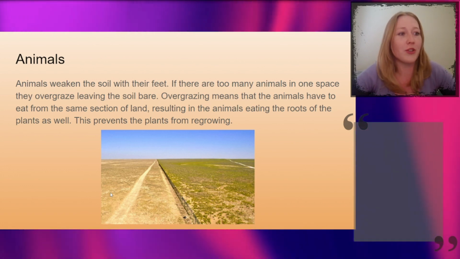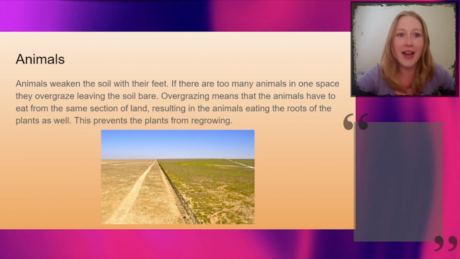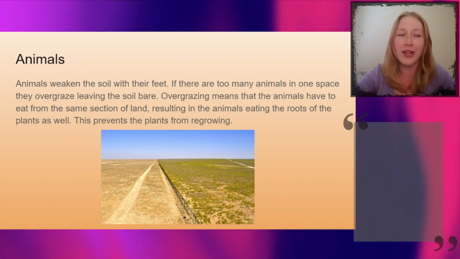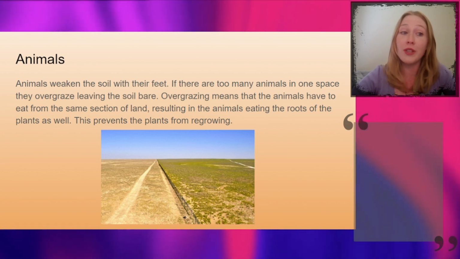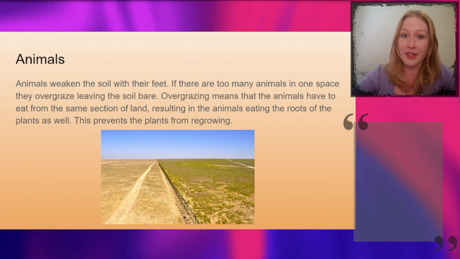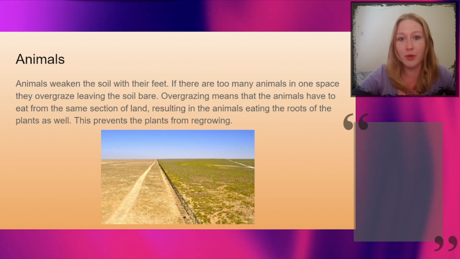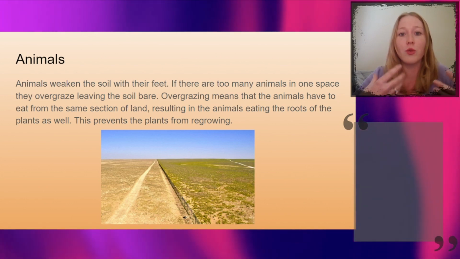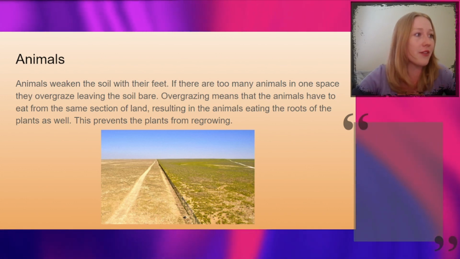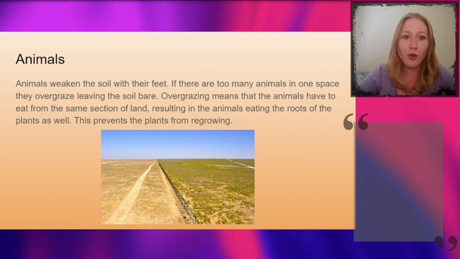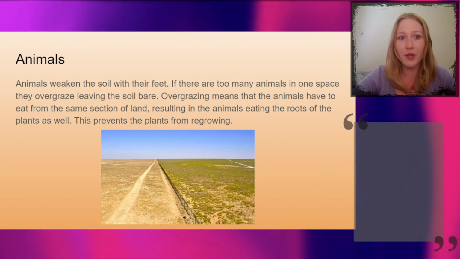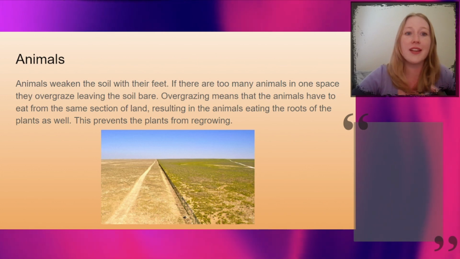But that's probably just because the vegetation hasn't had a chance to grow normally, and I would assume it was because of overgrazing. So overgrazing, you have too many animals in one place. They're trying to survive and consume all of the vegetation in that area, and the vegetation doesn't get a chance to grow back again.